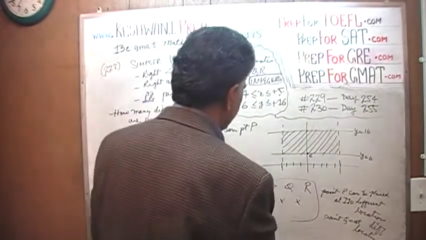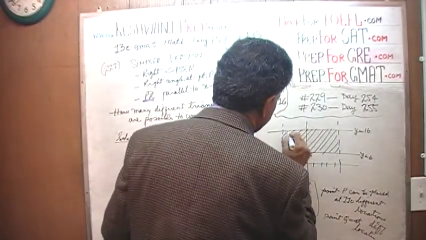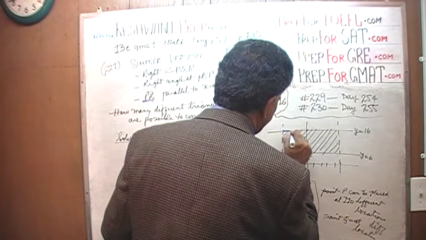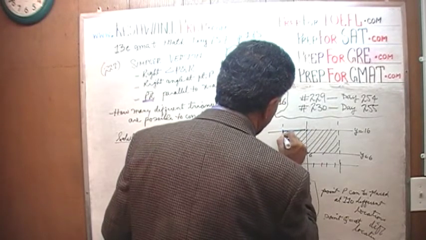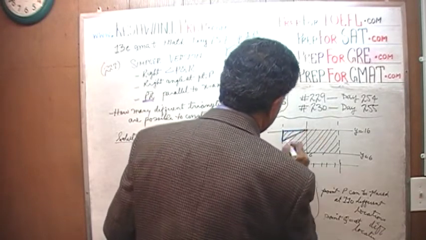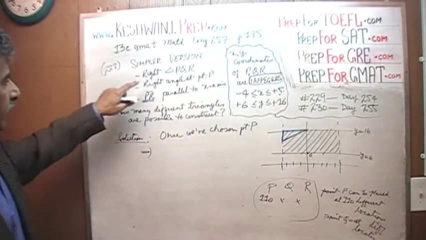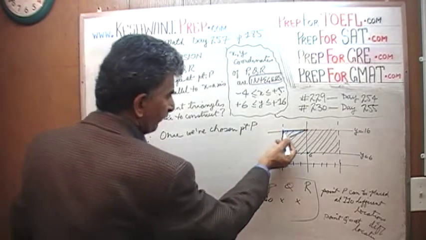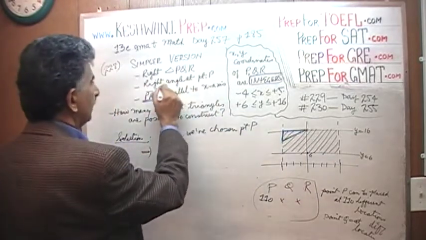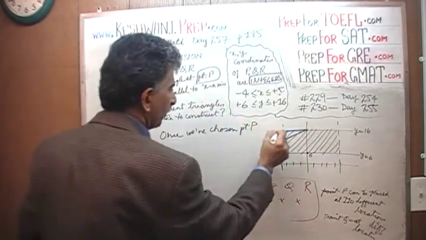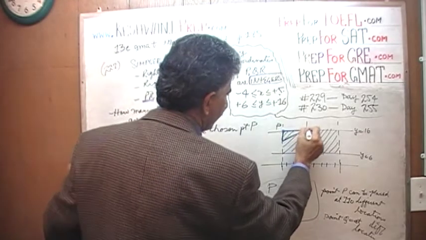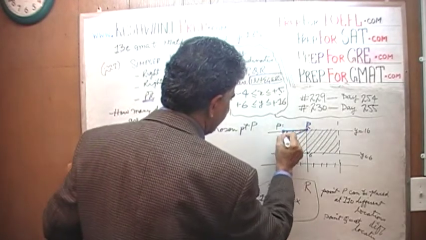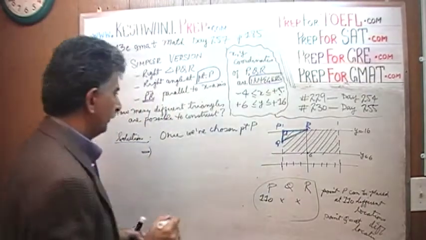Let's pretend our triangle that we're talking about is this one right here. Now we are told that PR has to be parallel to the x-axis, so this one has to be PR, and we are told that the right angle must be at point P. So I have to call this one point P, which means this is point R, this is your right angle, and this must be point Q.